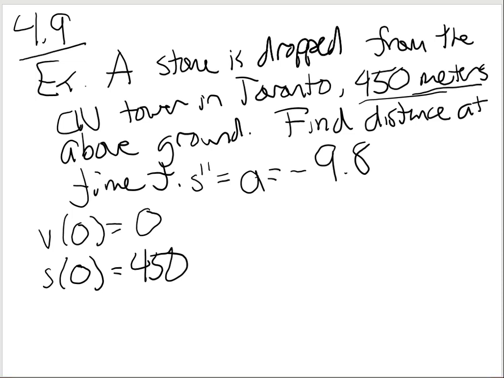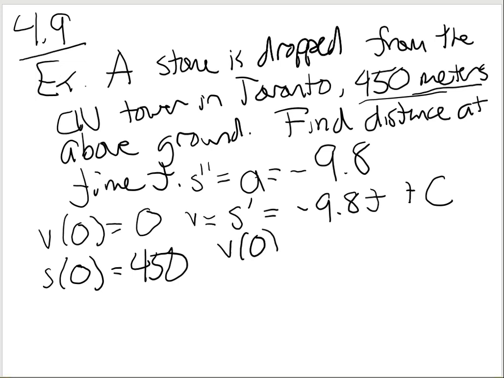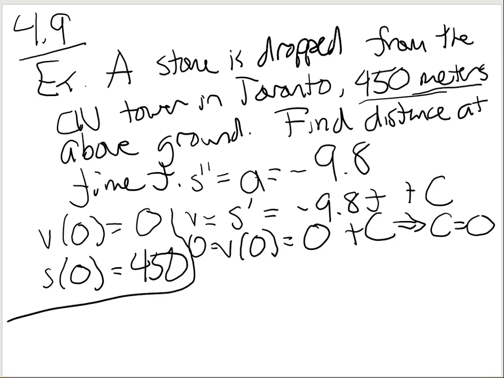Well, yeah, if we take the antiderivative of s double prime, we get negative 9.8 t plus c. But that's just velocity. And v of 0 equals 0 plus c. And with that being 0, that means c is 0.